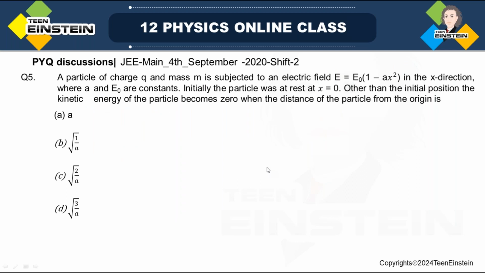This problem says a particle of charge Q and mass m is subjected to an electric field E is equal to E0 into 1 minus a x square.